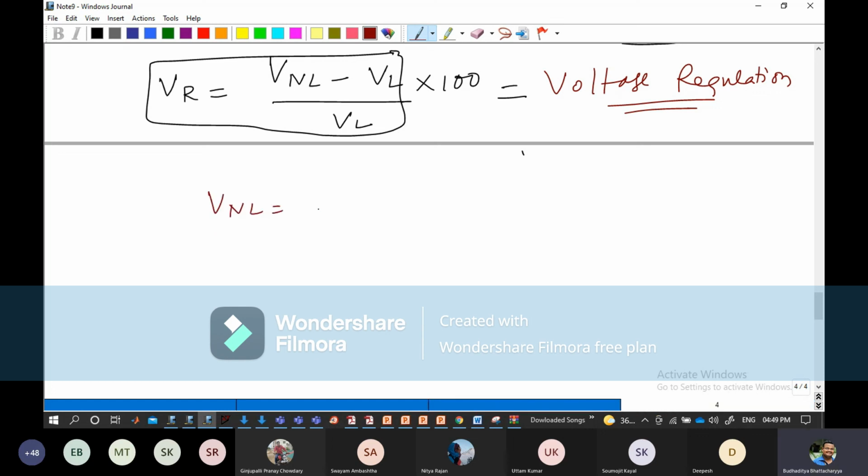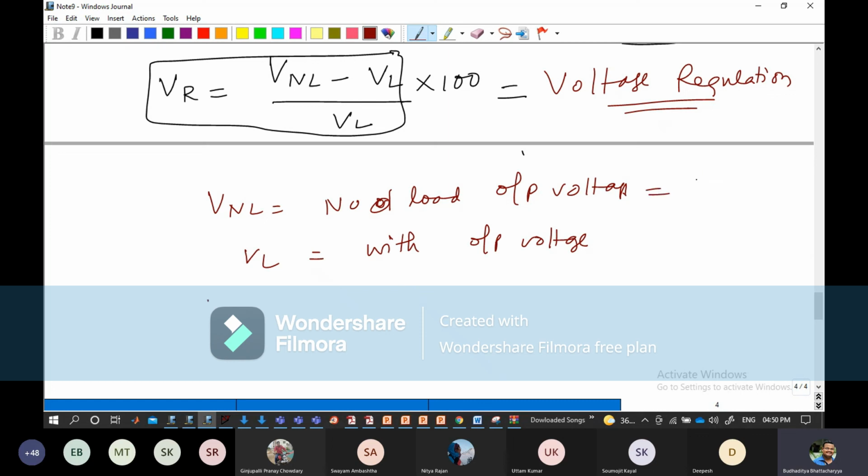VNL is given by no load output voltage. This NL stands for no load output voltage, and VL is with load output voltage. And this VNL is also mentioned as Vm by pi. And this VL is given by VDC minus IDC into RF plus RS.